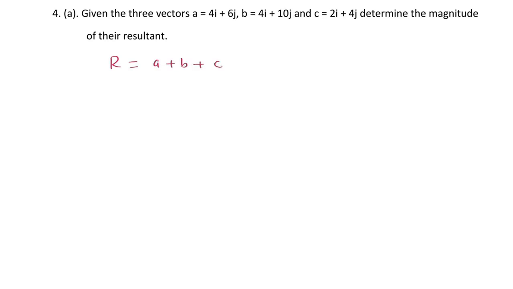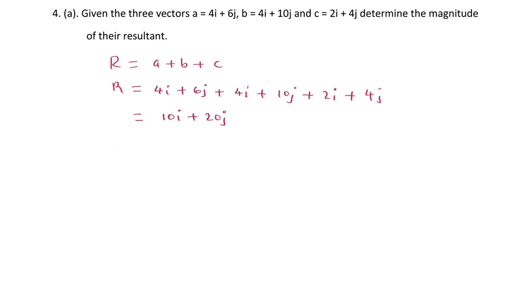Okay, so let us take values from our question. Then we have resultant equals 4i plus 6j plus 4i plus 10j plus 2i plus 4j, of which after summing the values, we have 10i plus 20j.